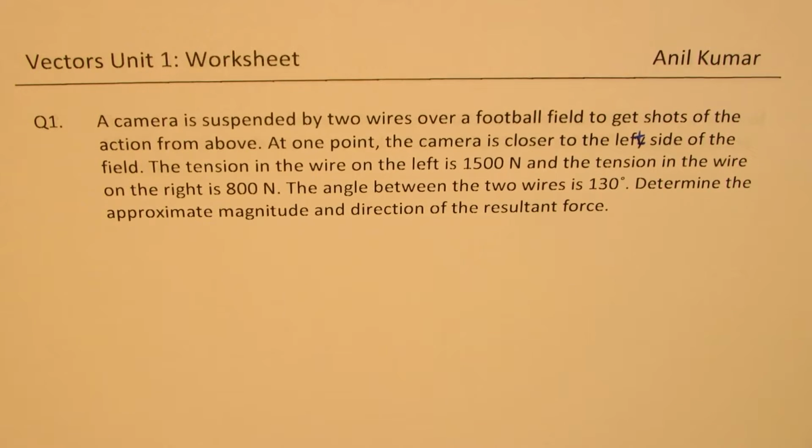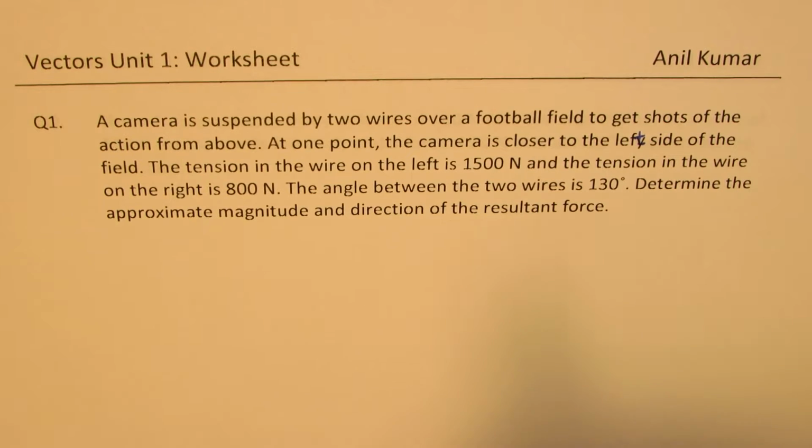The tension in the wire on the left is 1500 newtons and the tension in the wire on the right is 800 newtons. The angle between the two wires is 130 degrees. Determine the approximate magnitude and direction of the resultant force. So let us see how to solve such a question.